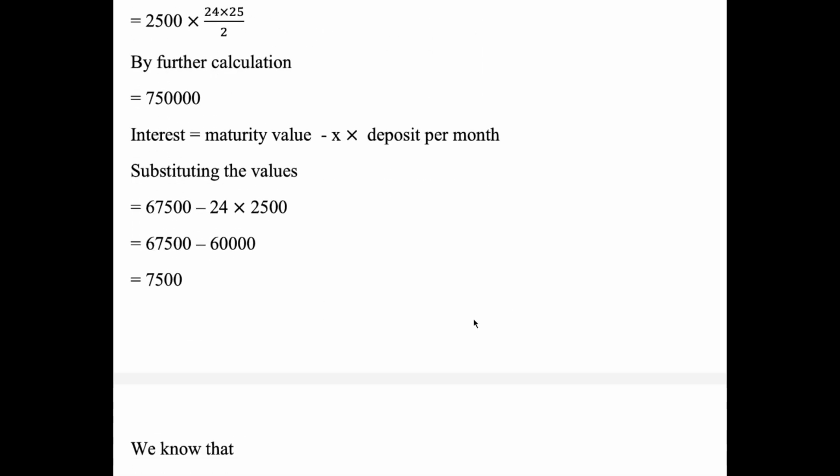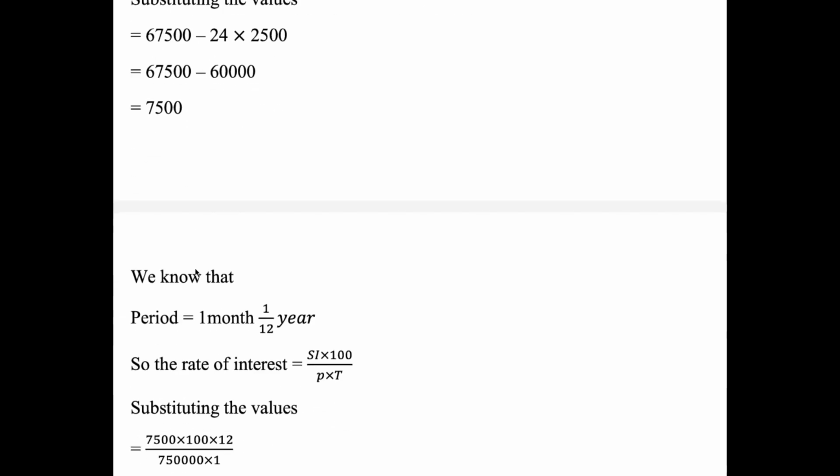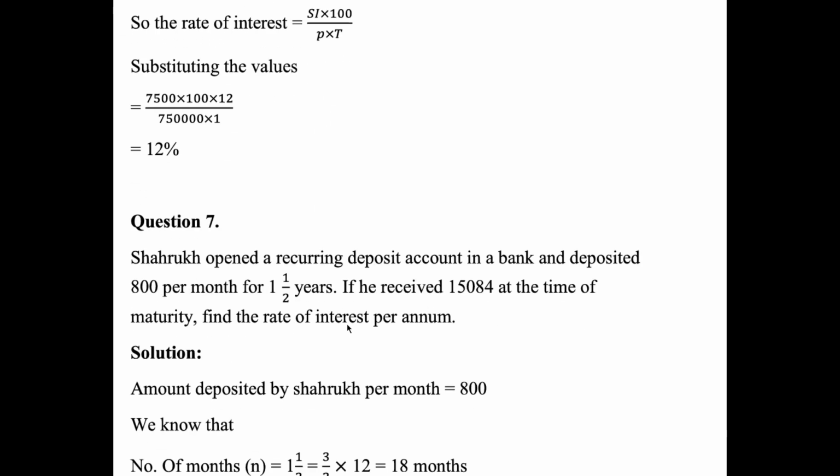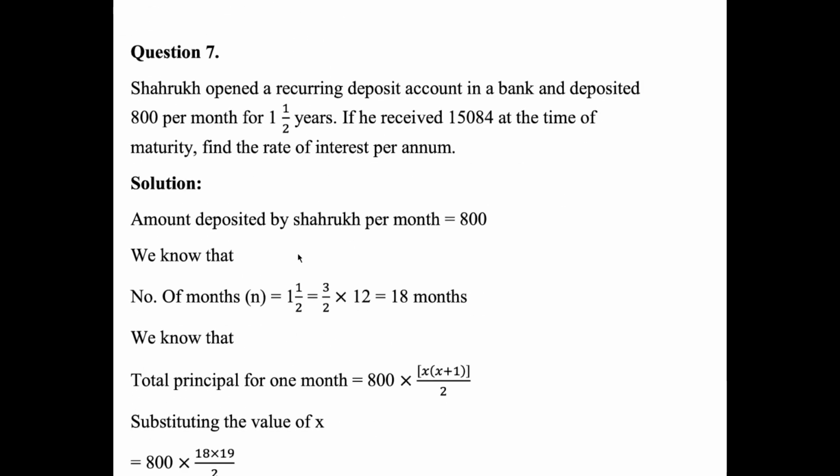Okay. So 67,500 minus 24, 2 years, into 2,500, interest will be 7,500. Period is the 1 month and 1 by 2 year, use the same formula and you will get the rate of interest will be the 12%. Okay, come to the next problem.